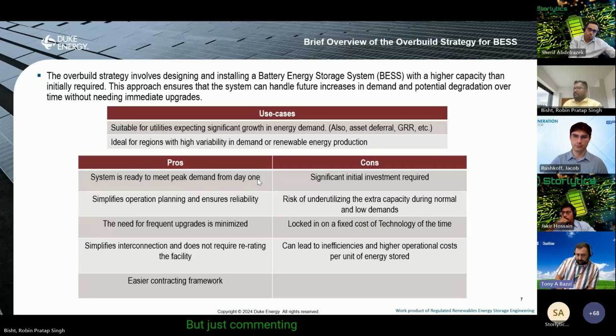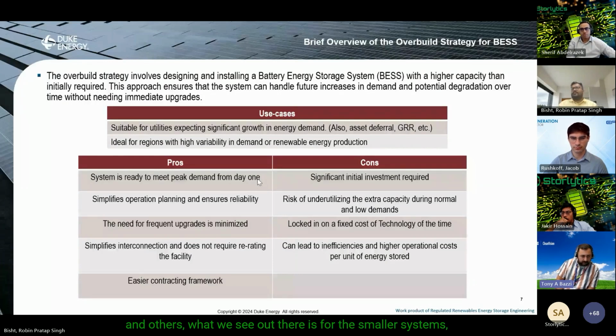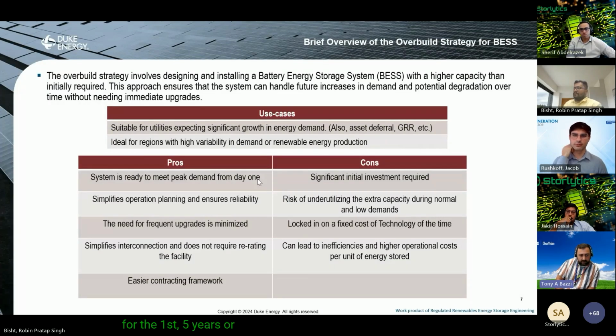But just commenting on overbuild, it's interesting what Robin is presenting. And we've benchmarked with Duke before and others. What we see out there is for the smaller size systems, capacity wise, it seems like the overbuild is being considered as an initial augmentation step, initial overbuild for the first 5 years or the first 10 years, whichever the case may be.